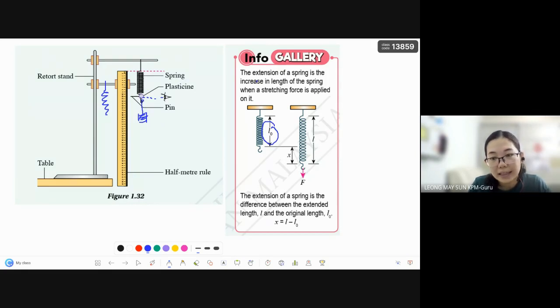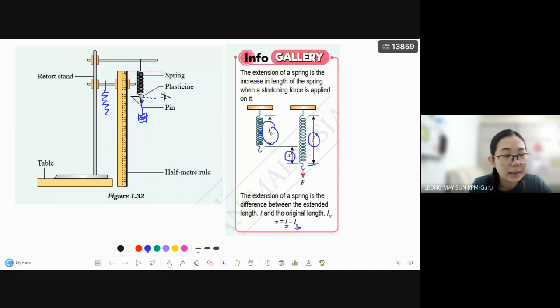So the extended length we will measure as L. The new length is L, so the extension is here. In order to calculate extension, it is taking the length L minus L naught.